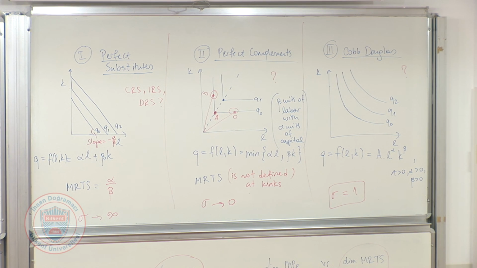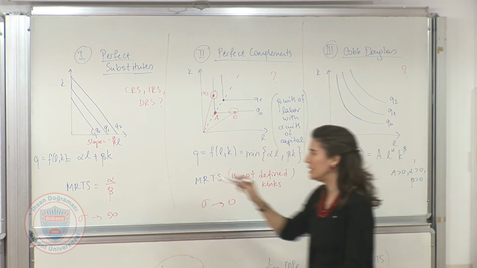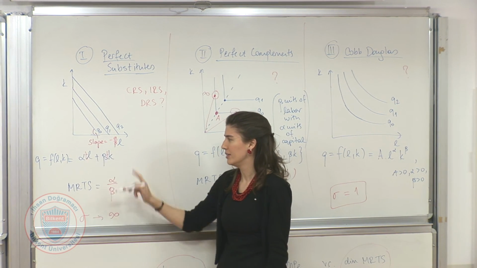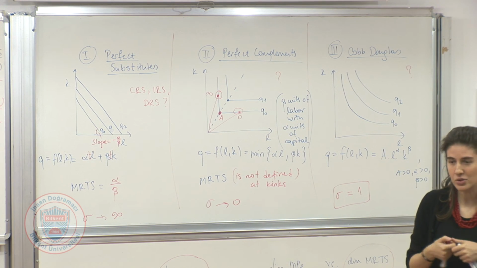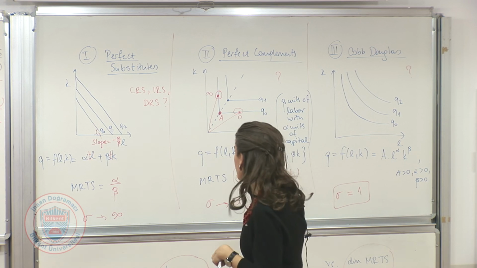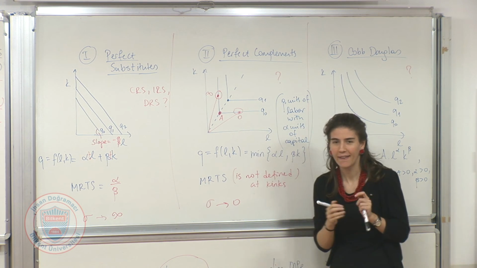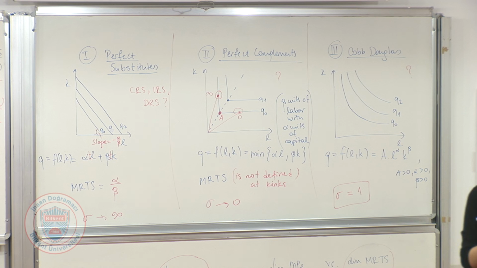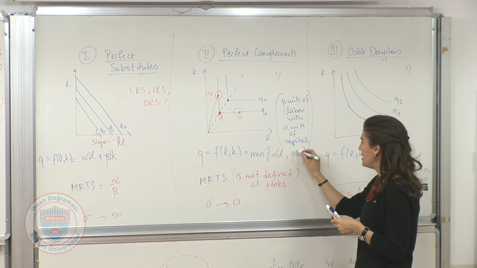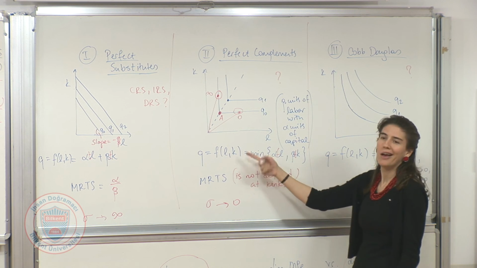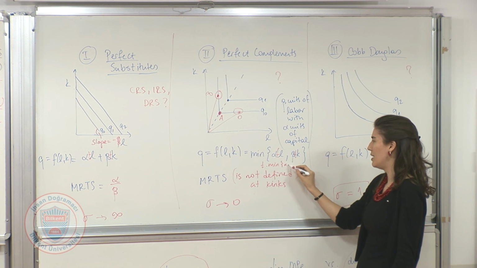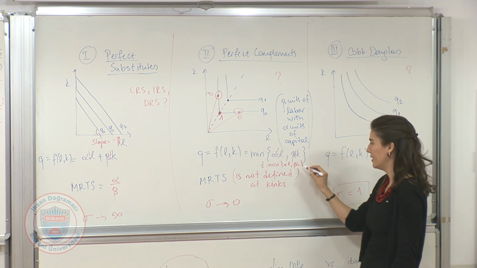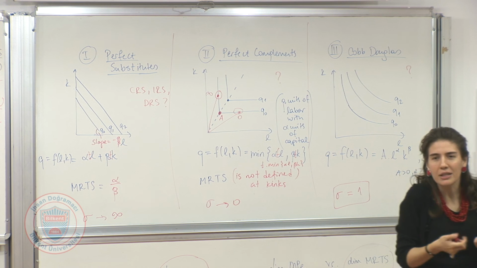For instance, in the first case, if I multiply all these inputs by t, the output is going to be t times that, right? So there is constant returns to scale here. What about here? I multiply this guy by t, this guy by t. This t comes out: t times min(alpha L, beta K). Because it doesn't matter in the minimum, right?